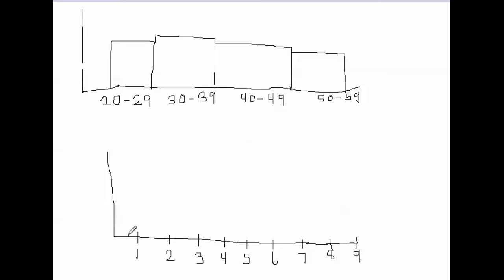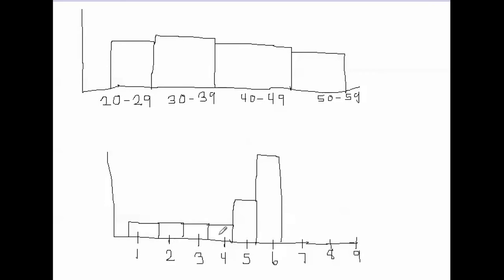So you probably don't have very many people who get very low amounts of sleep like this. And once you get to about 5 hours, you might start to have some more people. And I'm thinking that most people probably get somewhere between 6 and 8 hours, so these bars would be really tall.